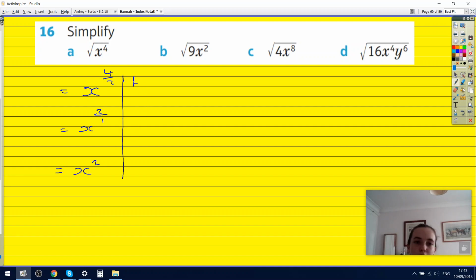How about B? 9x to the 2 over 2. So another way to write this would be in a bracket 9x squared and then a half, like that. So instead of square root, writing in a bracket with a square of a half. What would the x part be?